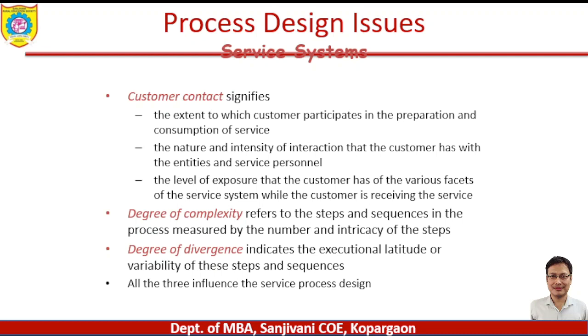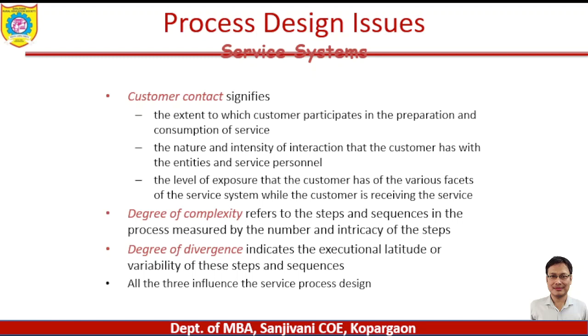For example, if the service provider is planning to have very low contact or no contact with the customer, they can design an automated service delivery process which can be delivered remotely by using machines or information technology.